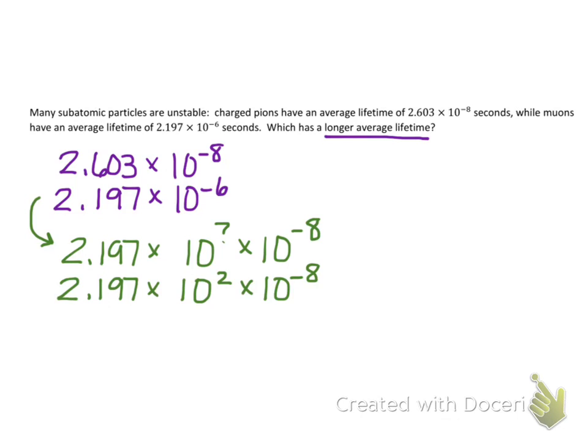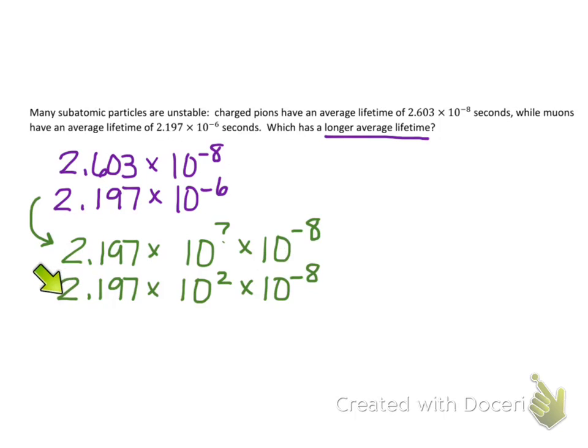Okay, so maybe you saw that adding positive 2 to negative 8 would give us negative 6. So what I've done here is I have not changed the number. I've just broken apart 10 to the minus 6 into 10 squared times 10 to the negative 8.